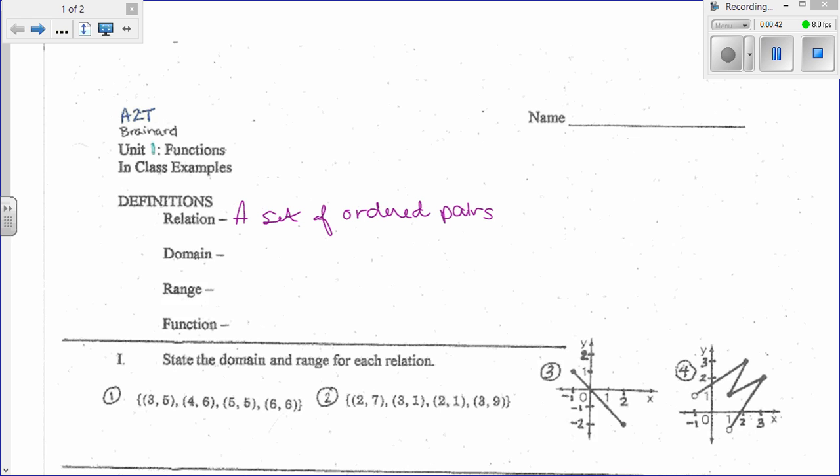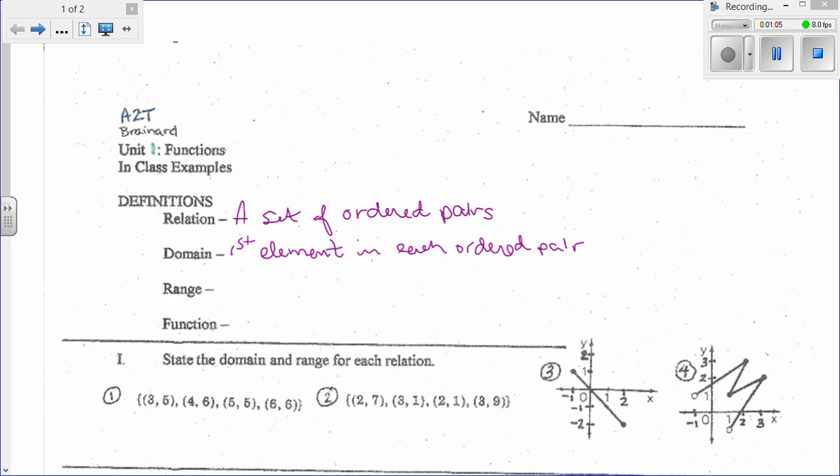Okay? The domain is the first element in each ordered pair.